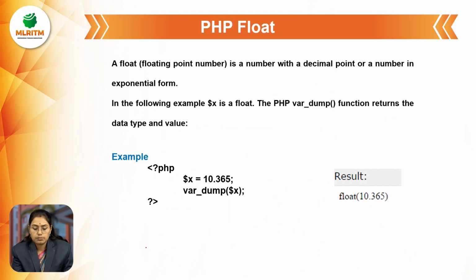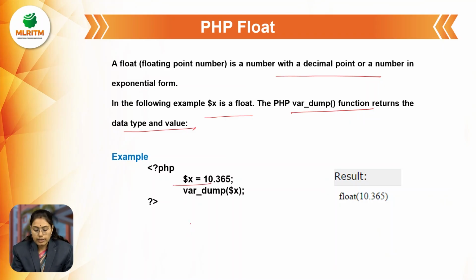Next, coming to PHP float. A float is a number with a decimal point or a number in exponential form. So here $x is a float. Previously we declared it as an integer. Now we are calling the function var_dump to return the data type as float. Let's see a small example.